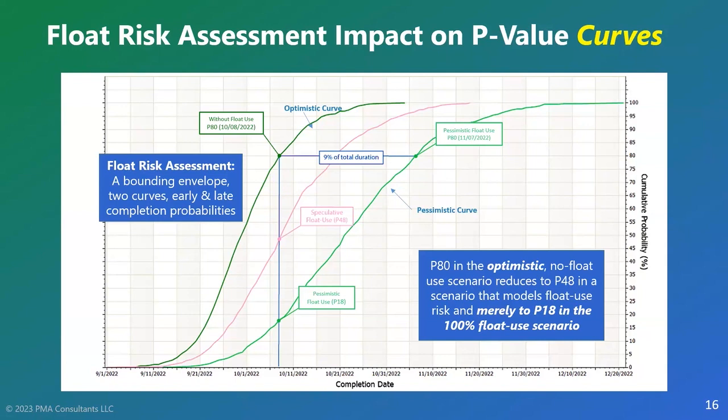And here's kind of how this is not helping us. If I wanted to target a completion for my project at that 80% likelihood, I'm looking at the schedule here, October 8th. But that means that every activity will happen exactly on the early date. If I accept the fact that I'm using total float, let's say I use all the total float, well, an 80% probability completion is a month later.